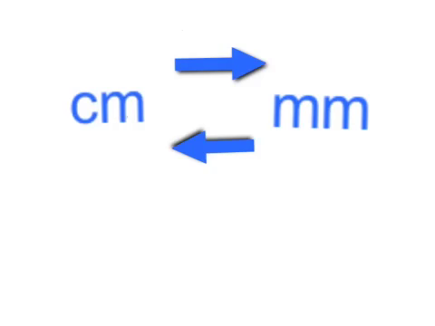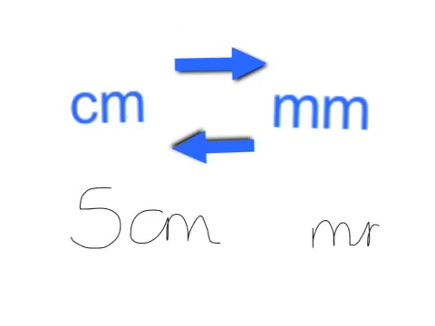Okay, so let's take an example if I want to convert from one unit to another. Let's imagine that I want to convert 5 centimetres to millimetres. And this diagram is really, really useful. My arrows always stay the same. I need to look at my 2 units. Which one is bigger? Are centimetres bigger than millimetres?